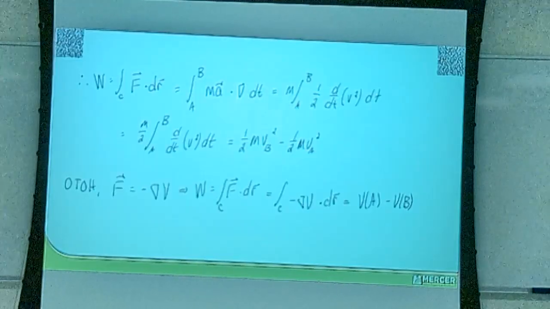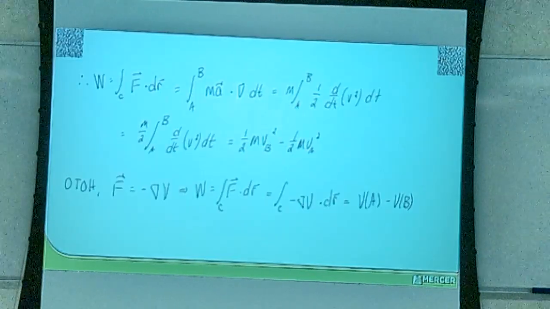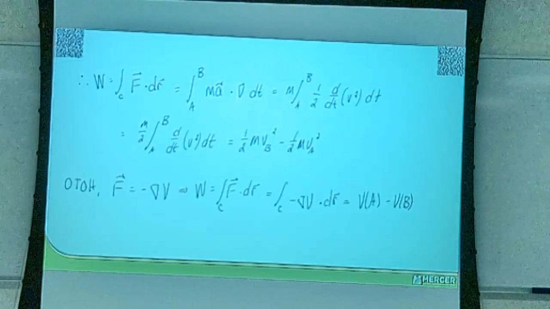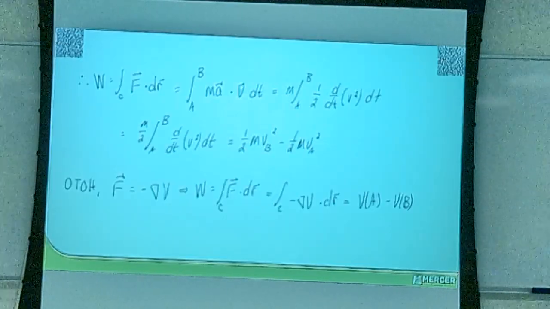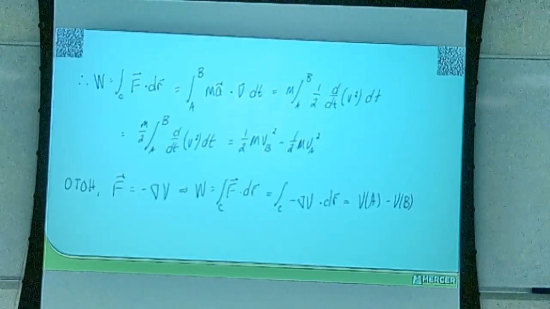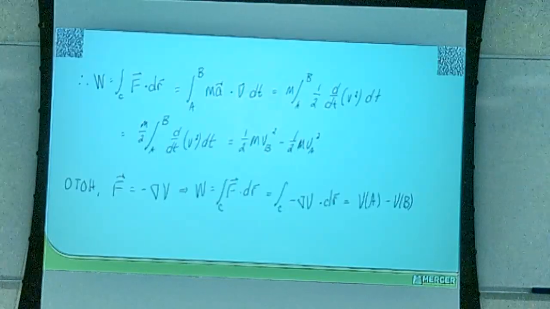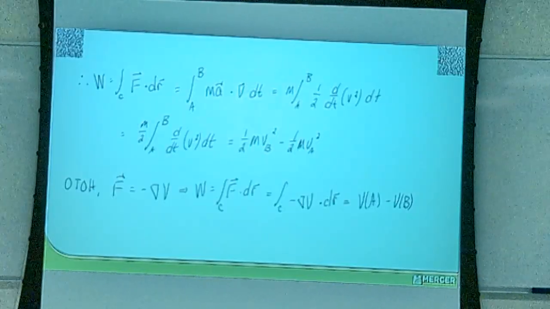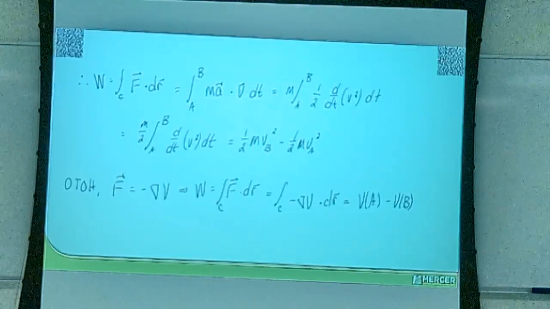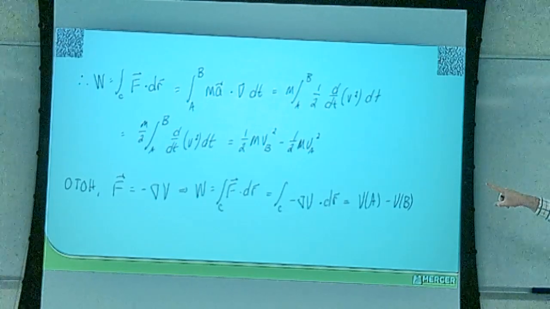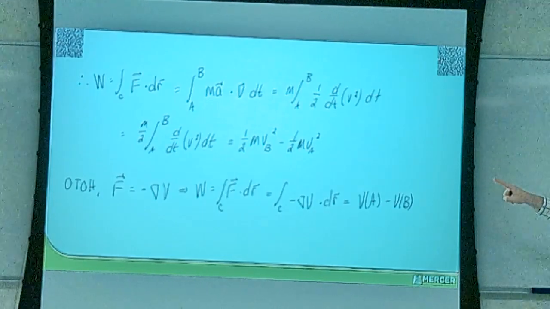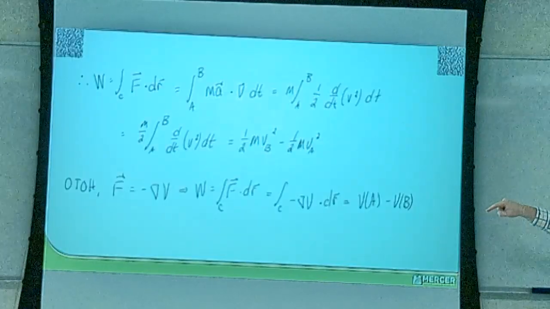Because it's negative, you flip the order. But work has to be the same, right? Both of those integrals calculate work, don't they? So that means those two values have to be identical, right?